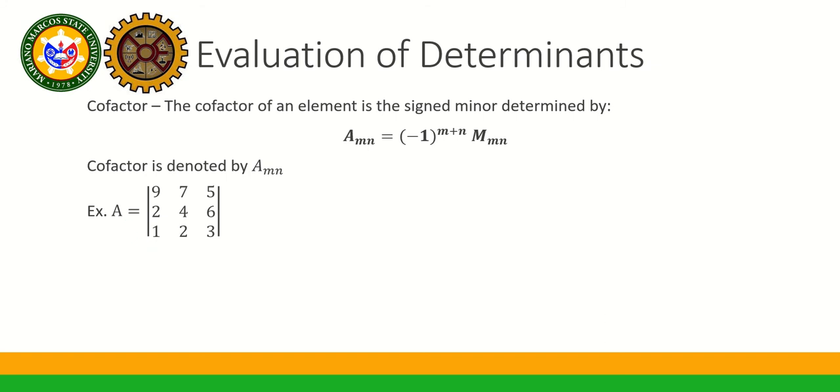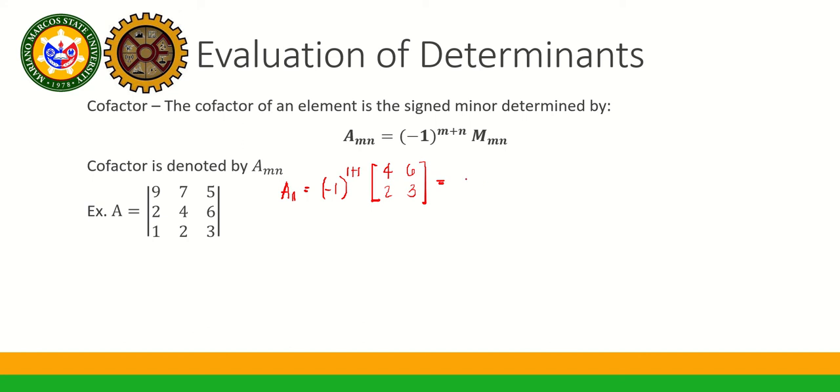We are going to get the cofactor of A11 again. So the cofactor of A11 is negative 1 raised to 1 plus 1 for m and n, times 4, 6, 2, 3. If you compute the determinant on your calculator, that would be 0. Okay? But let's do it manually.